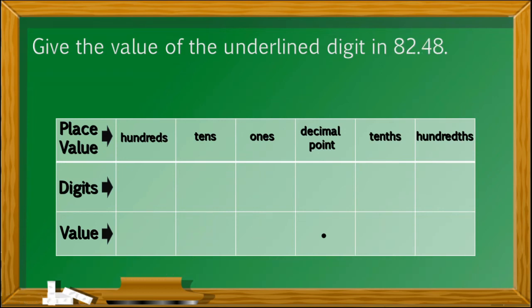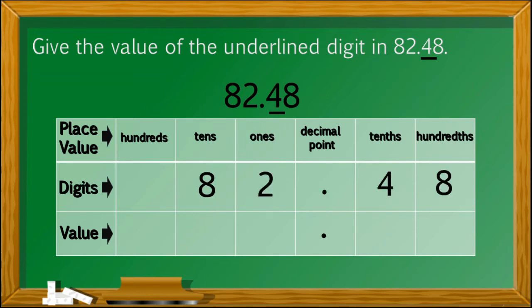Another example, give the value of the underlined digit in 82 and 48 hundredths. So yung 4 ang may underline number. So place niyo muna again sa place value chart. Ang value ng 8 ay 80.